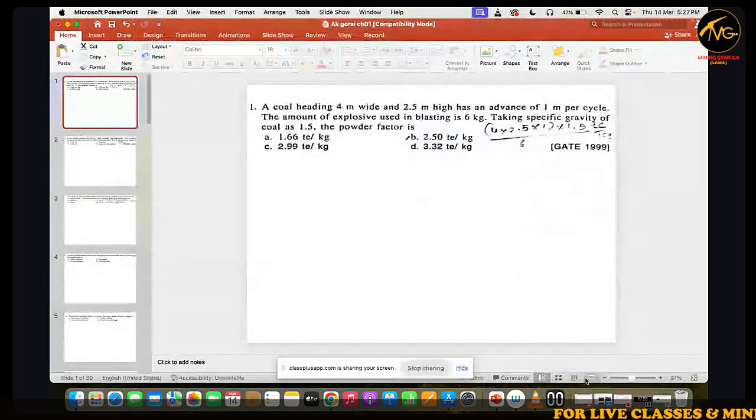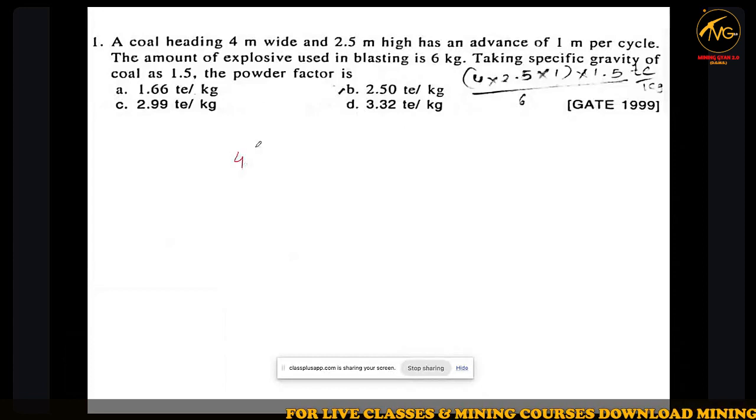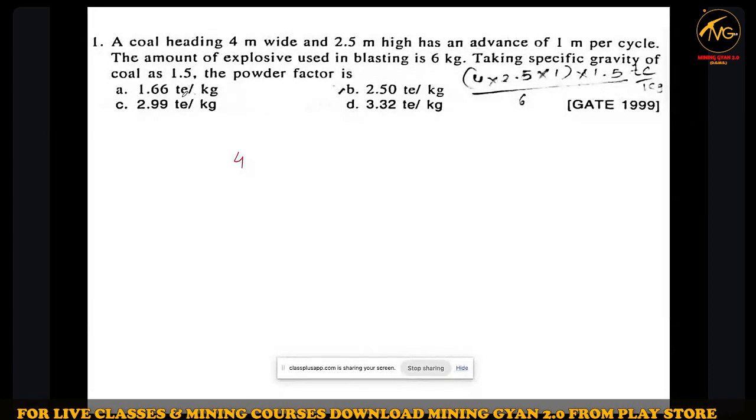So this is our question. He has given us the heading. What is the powder factor?